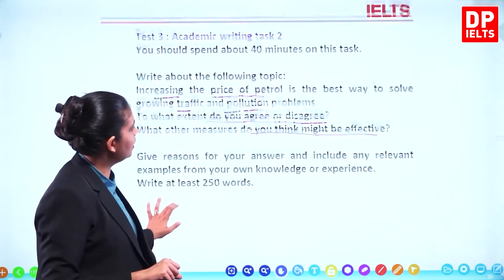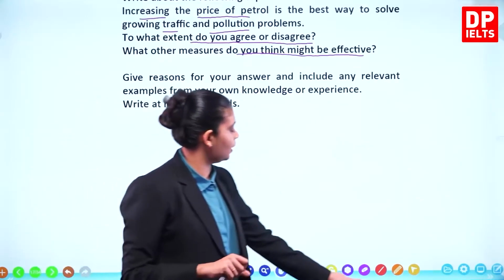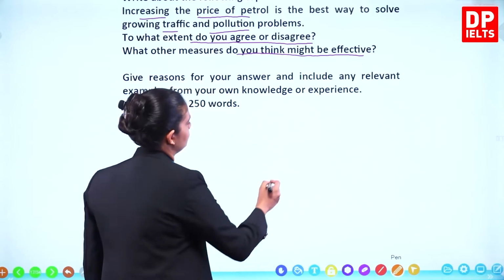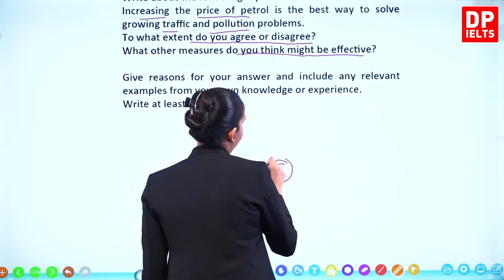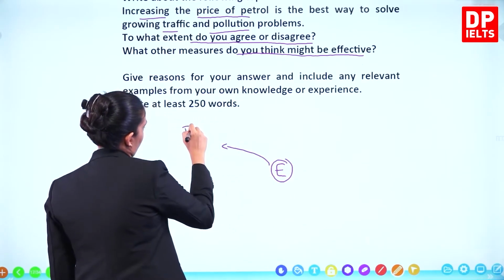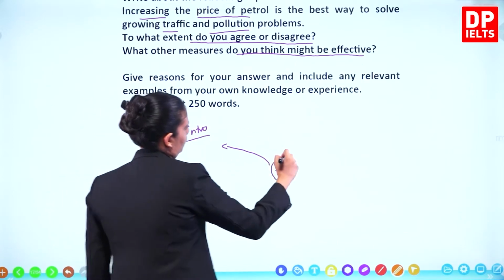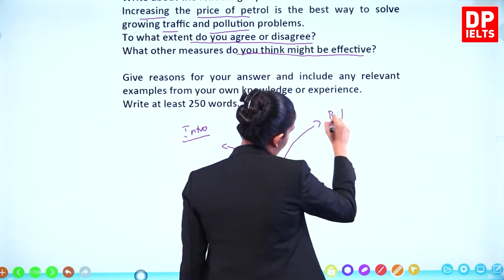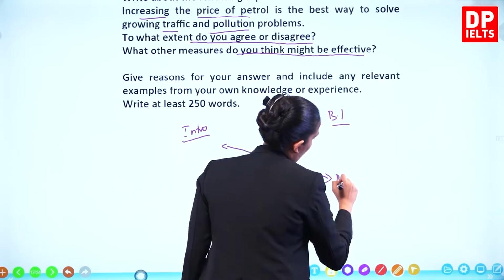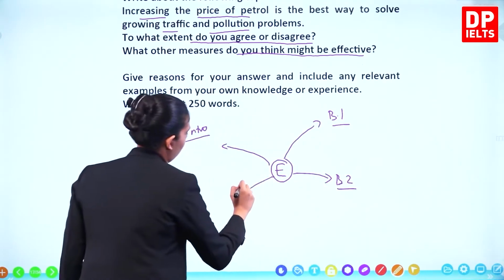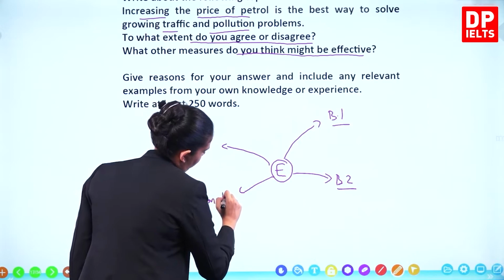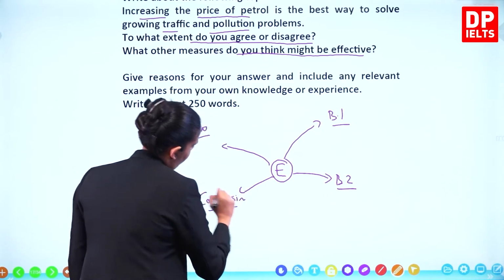So before you start writing it, let's have a look at the structure. So here we've got the essay, we've got the intro, we've got body 1, body 2, and then we have the conclusion, right?